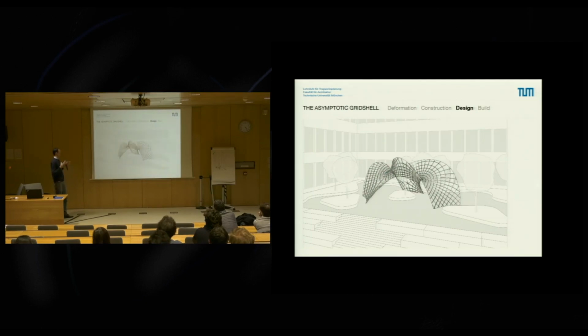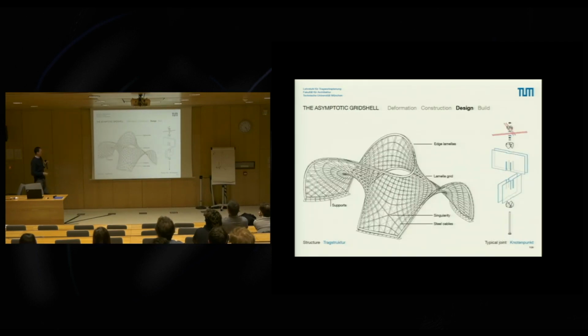And the rest is just creating the lamellas, the edge lamellas and supports, and of course the diagonal grid to triangulate that grid shell. So we end up with this triangulated network. We have two singularities here. All the joints are identical, and they're built from this set that was also prefabricated and are attached with one bolt through the center.